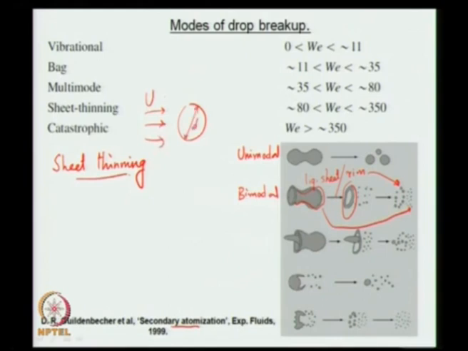So, a drop of some diameter d at rest in a wind of velocity u, what do I expect will happen in this? If the Weber number is slightly higher and now in this range, the first deformation process from here is where I start to see a thin rim form on the side.